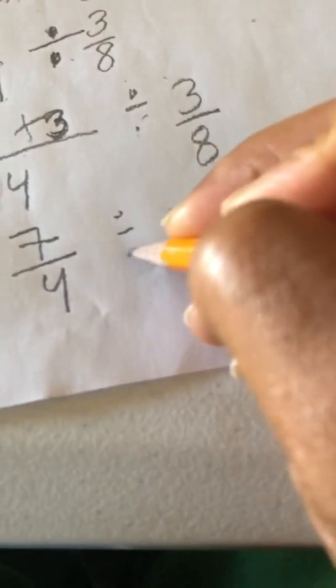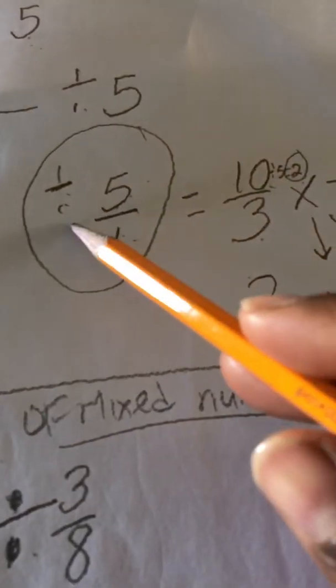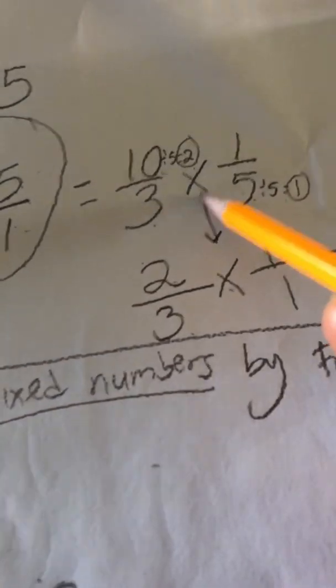So divide it by 3/8, right? So the same thing, like how we had to change this and make it 1/5 and change the division to multiply, we do the same thing. So we change these. This has to be multiplied, and we change the 8 and the 3 and swap it.